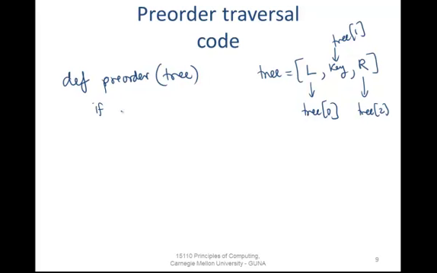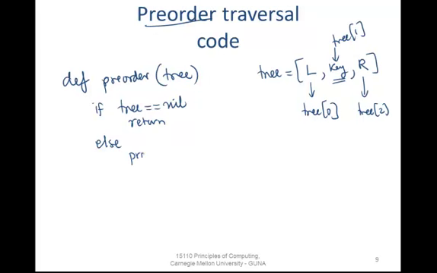Now if the tree is null, that means it's an empty tree, then do nothing, just return. Okay, else the tree is not null, so therefore we have to, according to our preorder traversal, we must process the root.